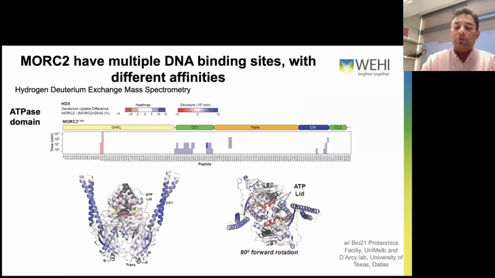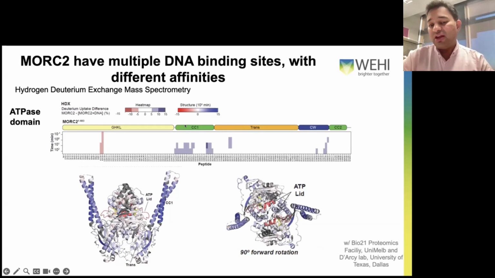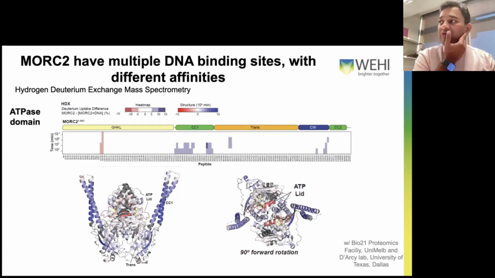We then wanted to probe whether MOC2 has multiple DNA sites on it or not. In order to do that, we took help of hydrogen deuterium exchange mass spec, where we did the mass spec in presence or absence of the DNA. And we observed that in the presence of the DNA, the DNA binds strongly in these blue regions, which are within the coil 1, and those are well-known sites for binding of MOC2 to the DNA.